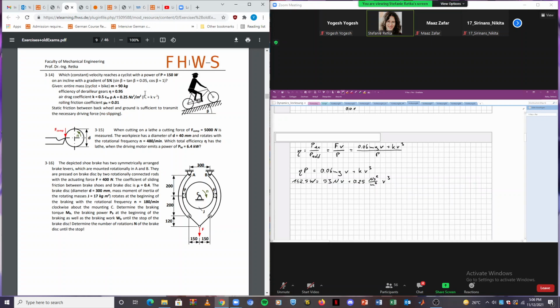You're right. If you use 10 for g, then it's 54, and in case of 9.81, it's 53. That's correct.